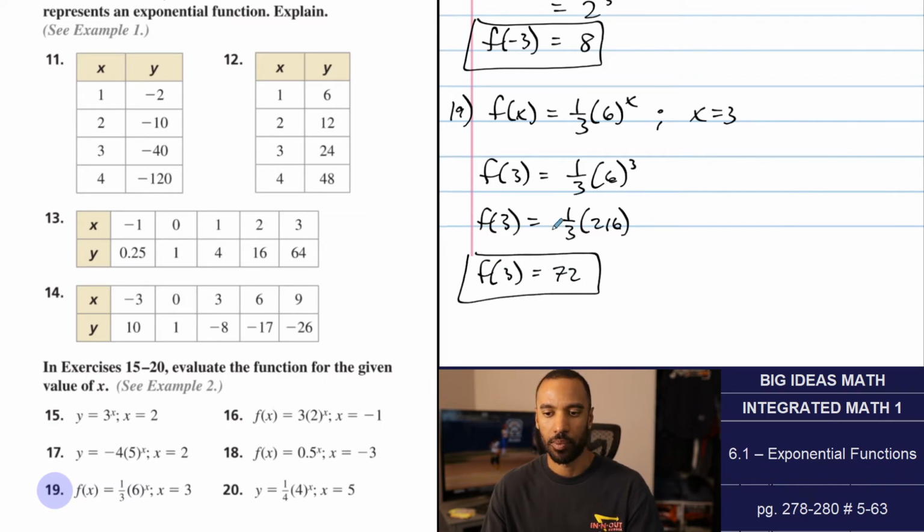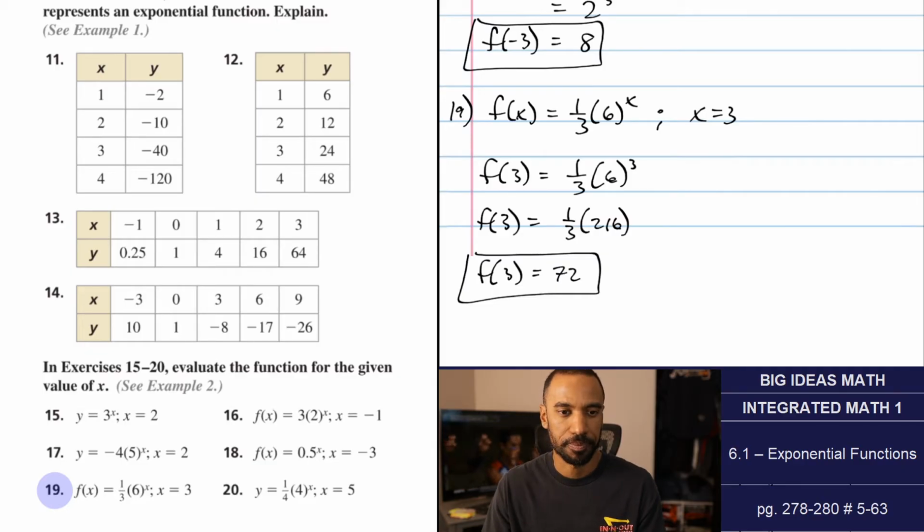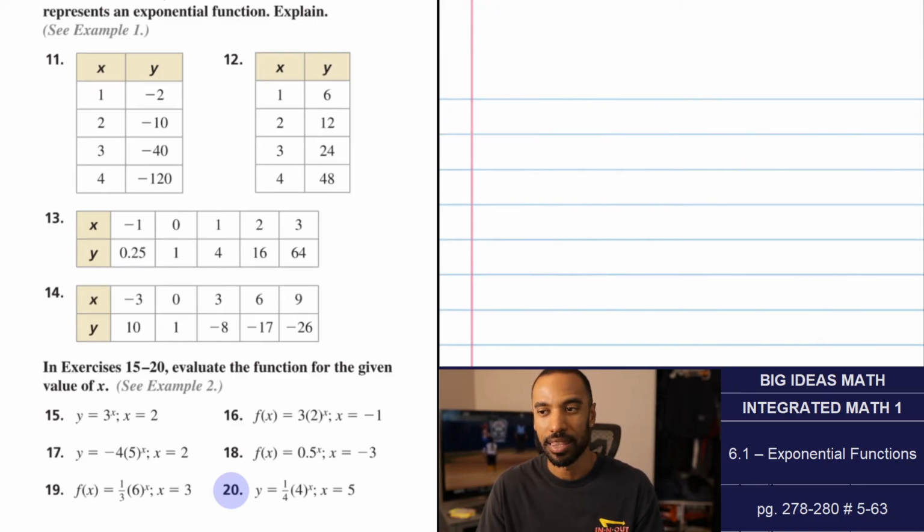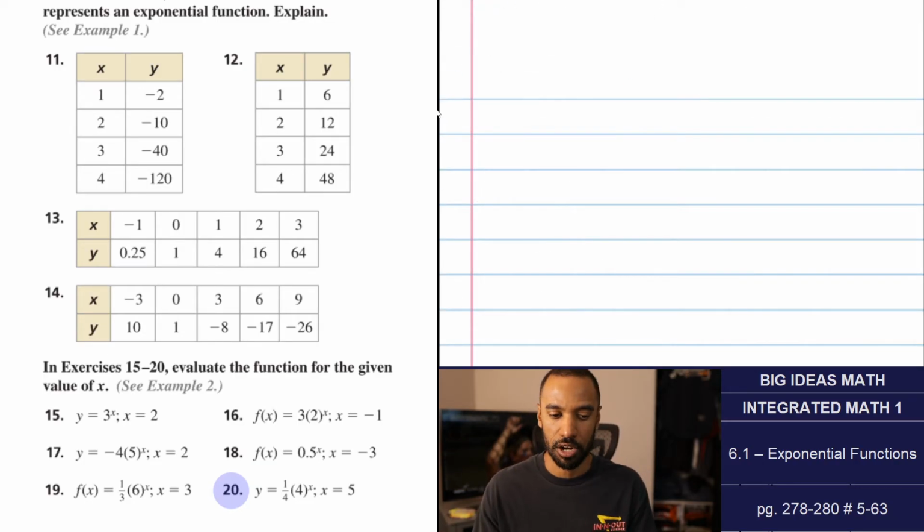Remember, this is the y value when x is 3. That's what that means. Which just goes to show again how sharp these graphs go. We only plugged in 3 for x. What started at 1/3, 3 away it got up to 72. That's how sharp these exponential functions can get over time.